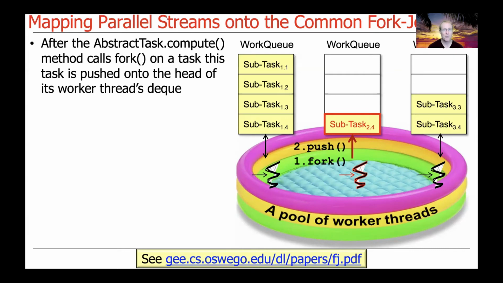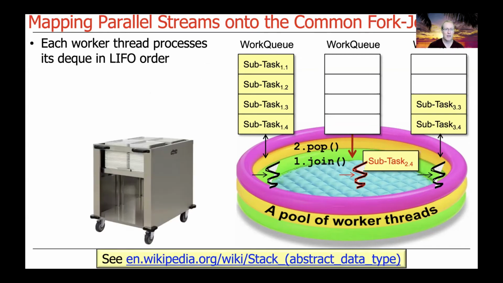That's the common ForkJoin pool. And one of those threads in that pool is going to be doing the AbstractTask compute method, and it's going to go ahead and call fork. And then that will queue up that task in that worker thread's deck. So what happens when fork is called is it ends up pushing the task onto the head of the deck, so it'll be the next one to be processed.